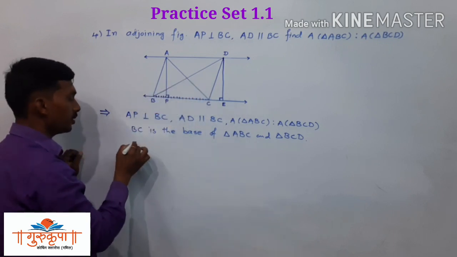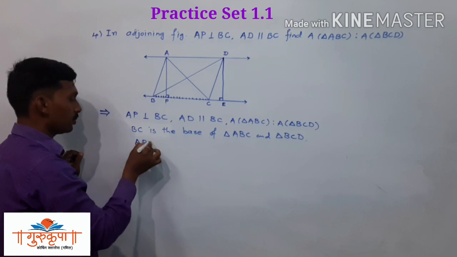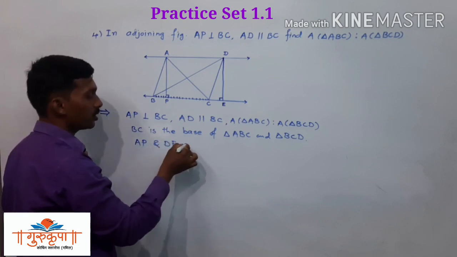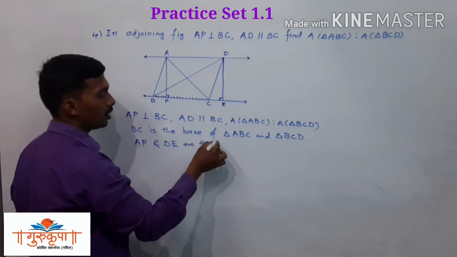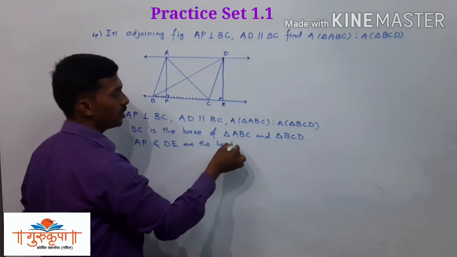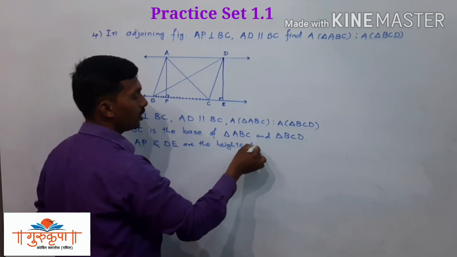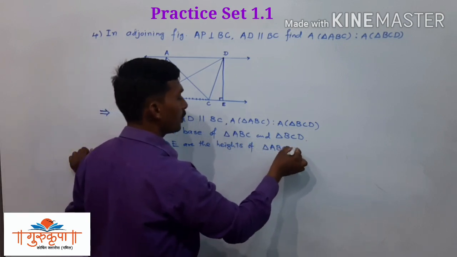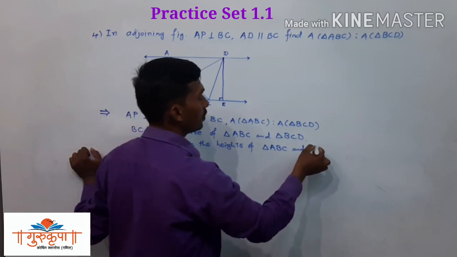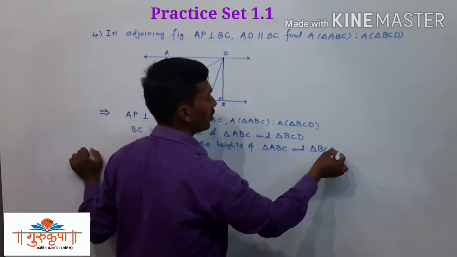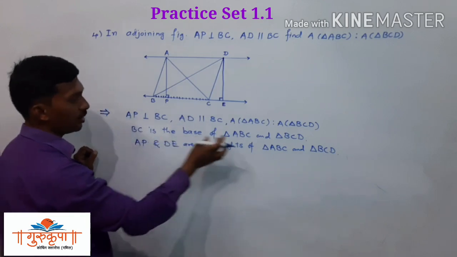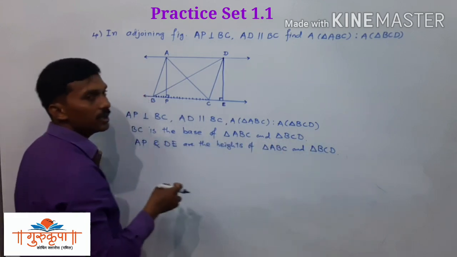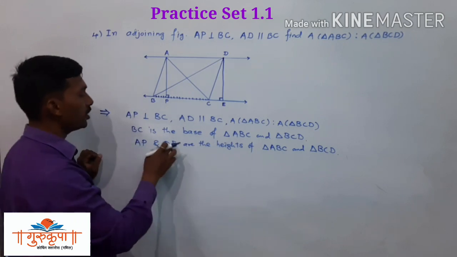AP and DE are the heights of triangle ABC and triangle BCD. This AP is the height of triangle ABC and DE is the height of triangle BCD. But here AP is equal to DE.